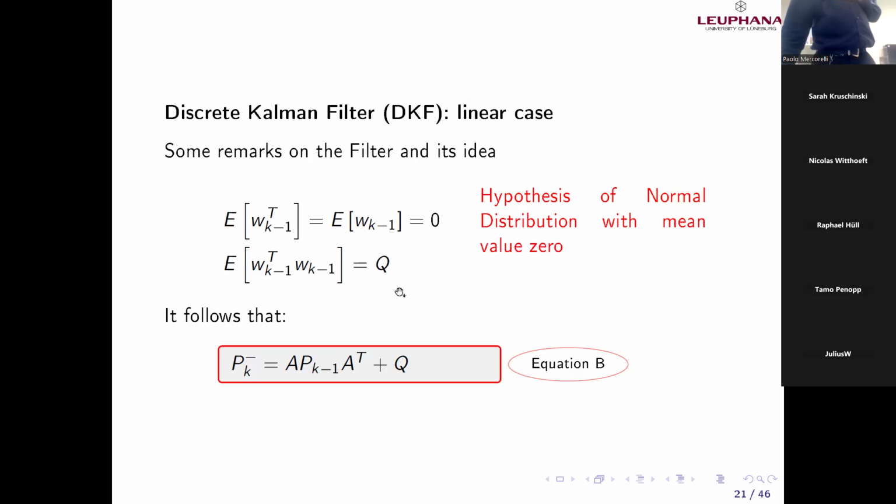And this is the definition of the covariance matrix of the process noise. You remember this?